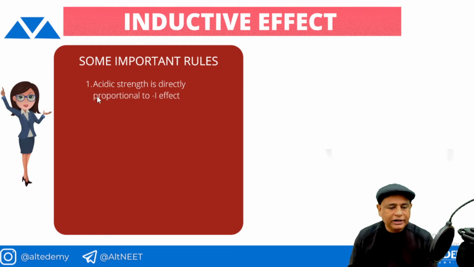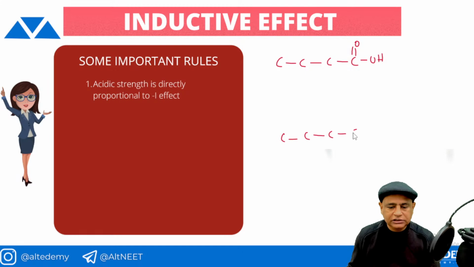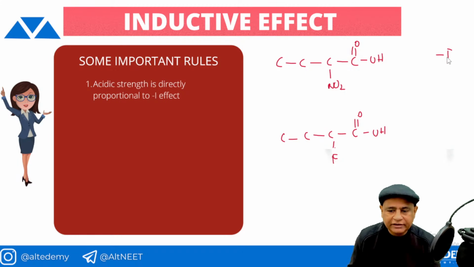Coming to another part, acidic strength is directly proportional to minus I effect. Look here. Suppose we have a compound like COOH, right? We again take COOH and we put 2 different species here. Suppose we put NO2 here and we put F here. Both these species are showing minus I effect.